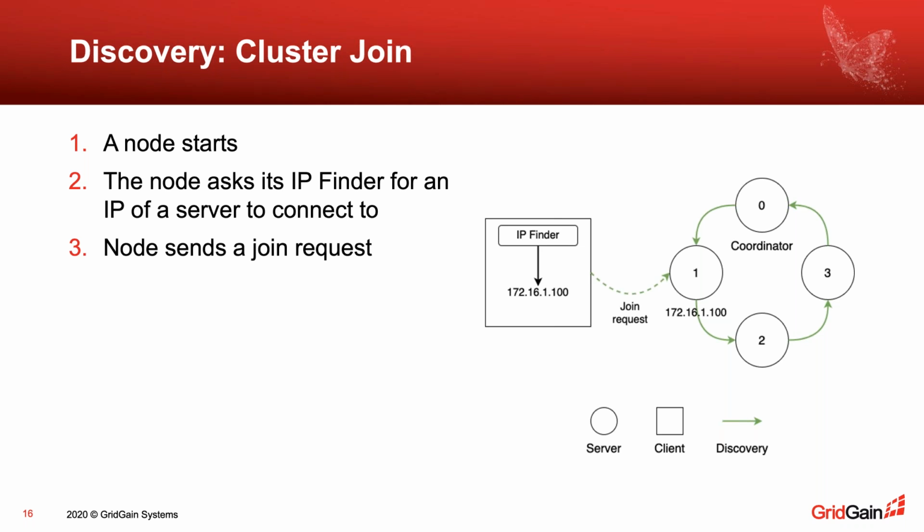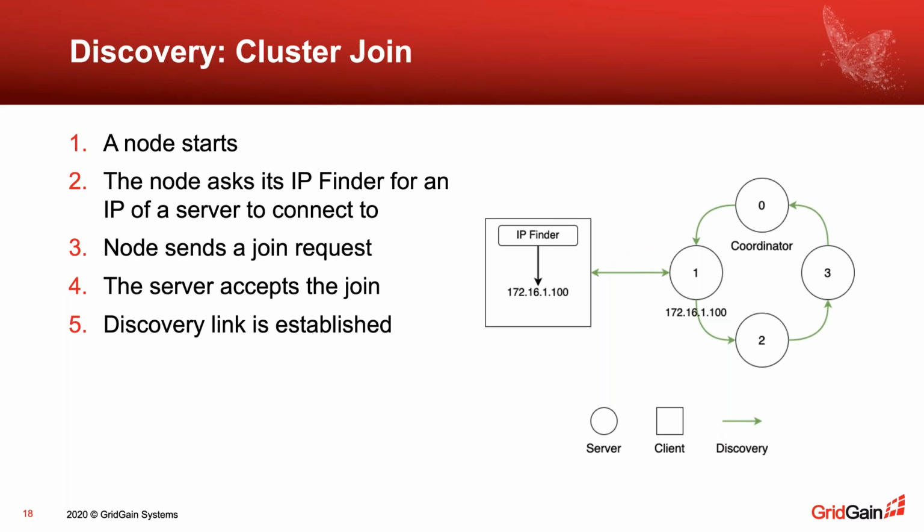Then the node sends a join request to the cluster. And if the cluster is actually there on that address, the cluster will answer that the join is accepted, and a discovery link will be established.